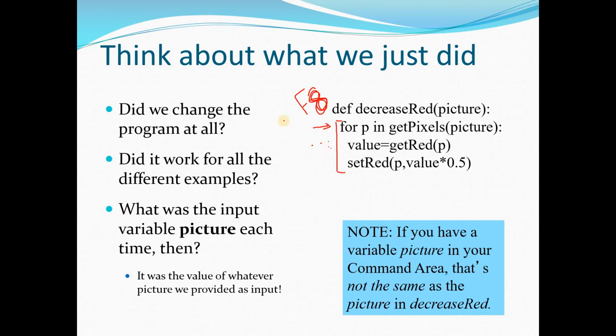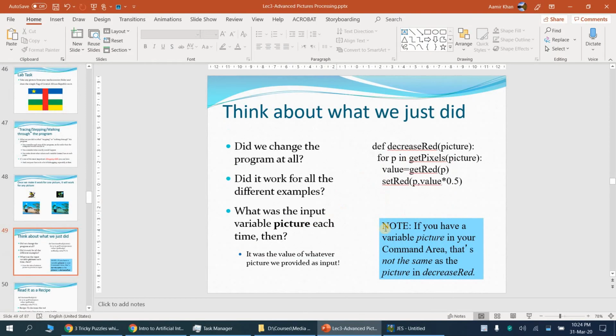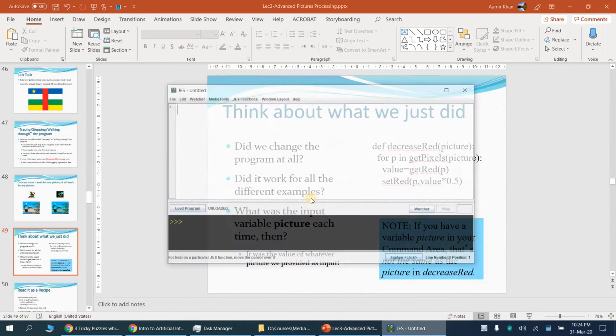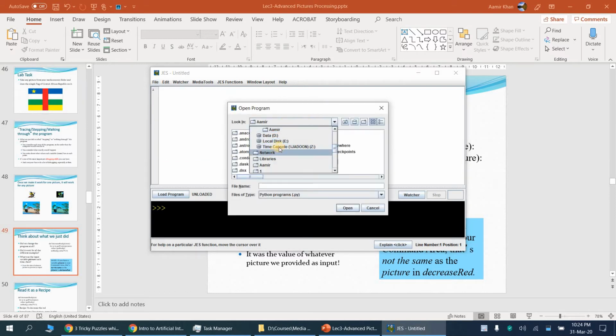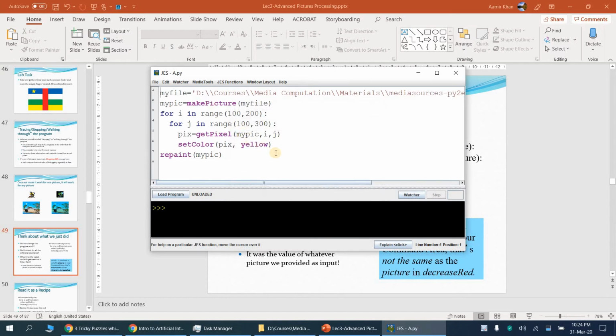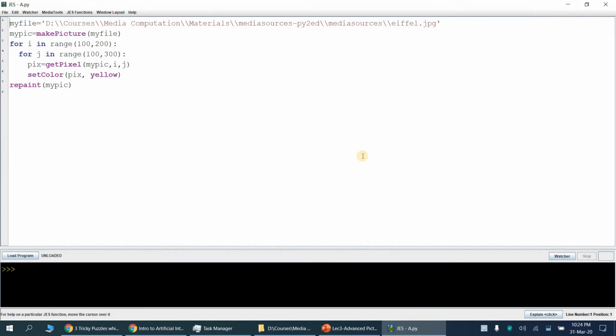So there is a shortcut. We can do something. Let me show you. So let's say I go to the JES, and I don't know if I have some program already there. So here I have only one code. I think this is the code from the last time.